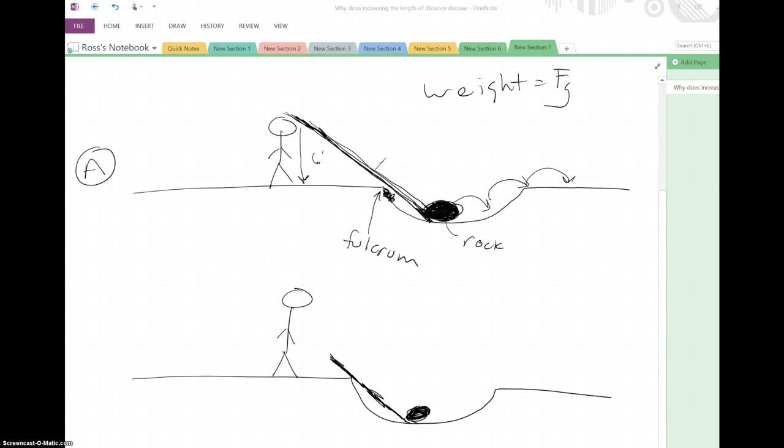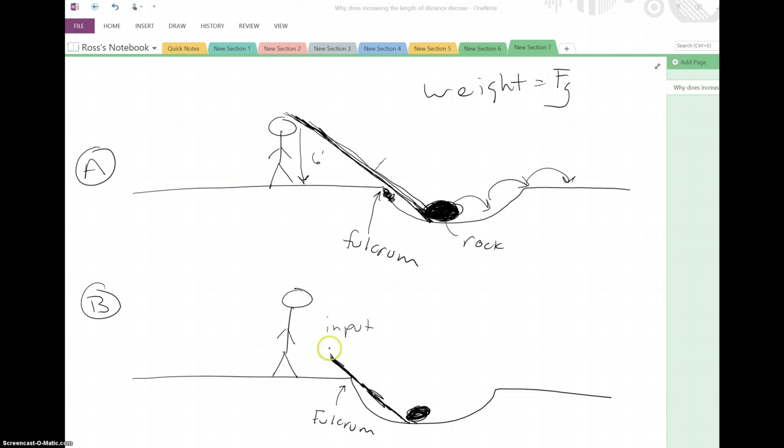First thing that should give away that option B is not going to be as easy is that the fulcrum right here is closer to the input. And from my last video and from our notes, we know that as soon as the fulcrum moves closer to the input, me, I'm going to have to apply more force, meaning the mechanical advantage is going to go down.